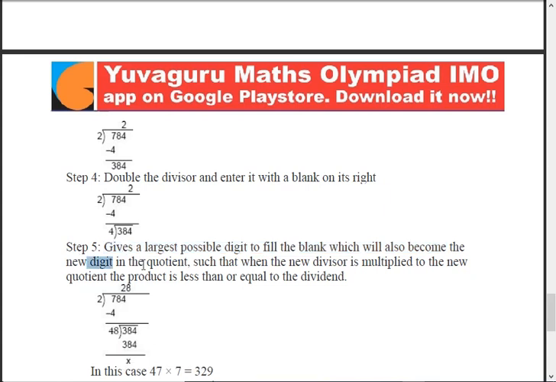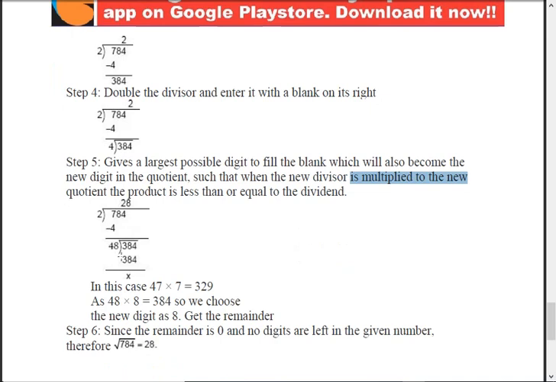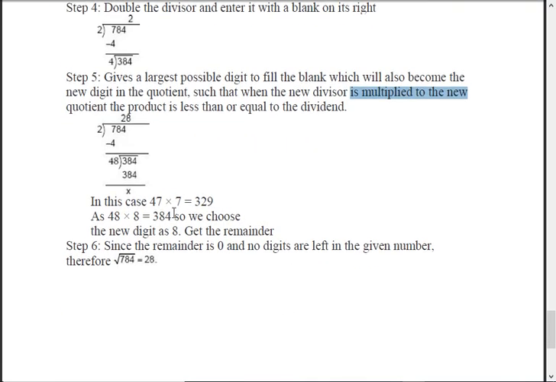A new digit in the quotient, such that when the new divisor is multiplied by the new quotient digit, the product is less than or equal to the dividend. Remember, 48 into 8 is 384, so the remainder is 0. 47 into 7 is 329, which is less than 384, but we want 384. So 48 into 8 is 384. That's why we choose 8. So 8 is the new digit, and 28 is the square root of 784.